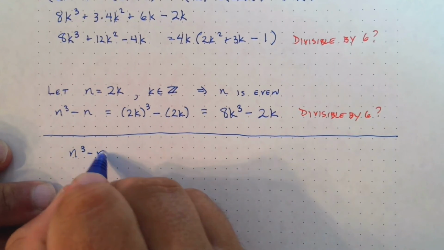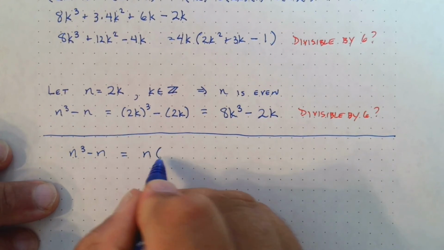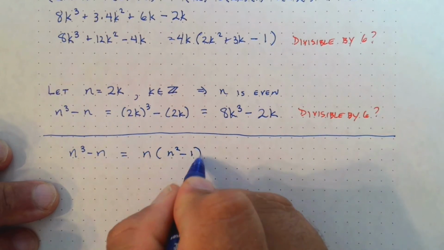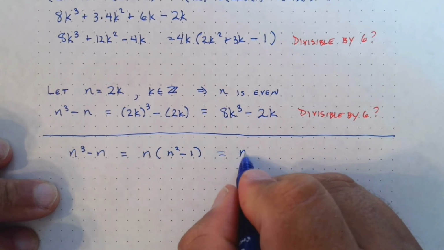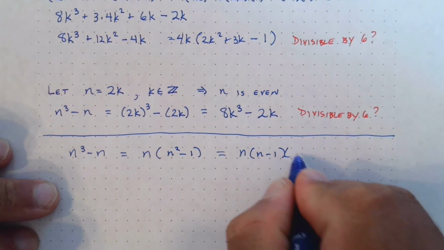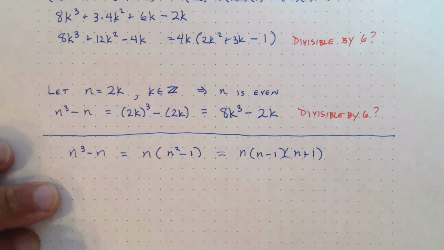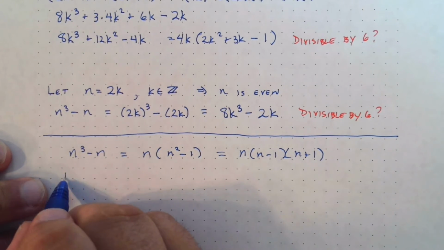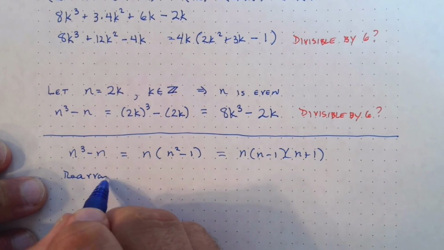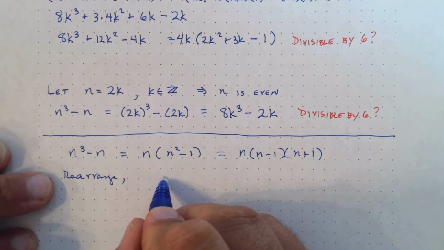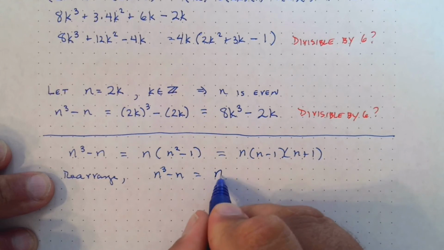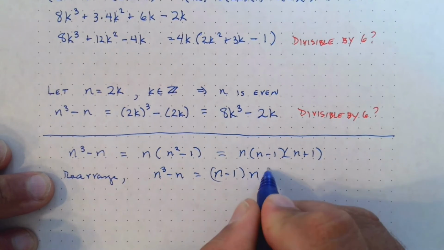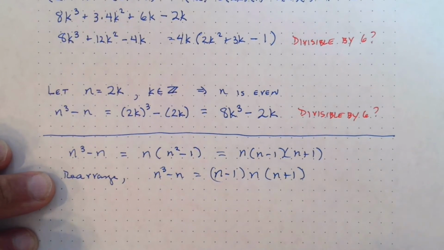So let's consider. n cubed minus n can be factored to be n times n squared minus 1, which is n times n minus 1 times n plus 1. If we rearrange, we have n cubed minus n is equal to n minus 1 times n times n plus 1.